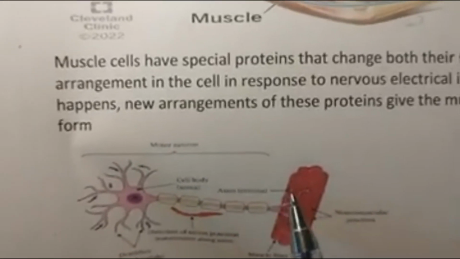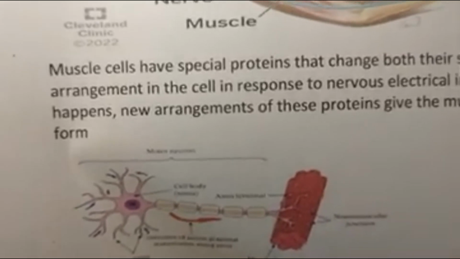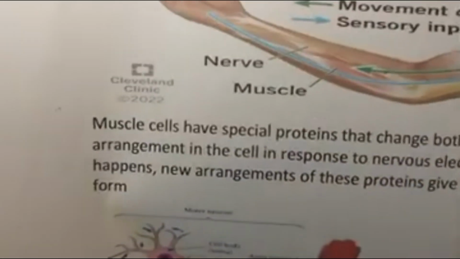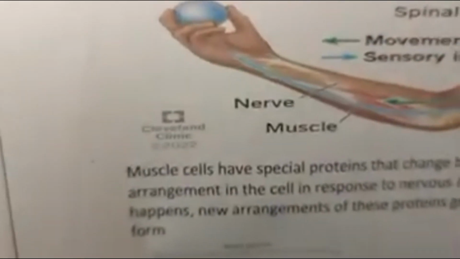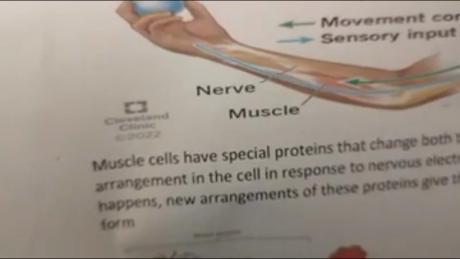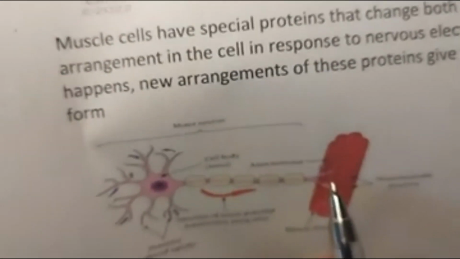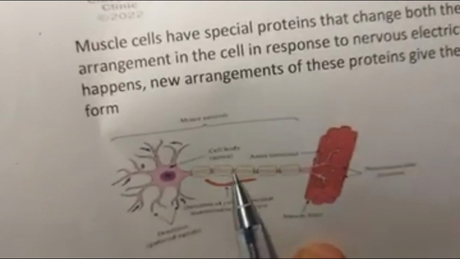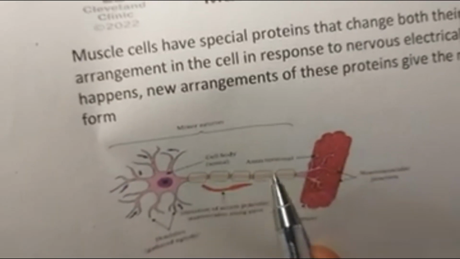So there is a junction between these nerve tips and the effector organ. Muscle cells have special proteins that change the shape and the arrangement inside the cell in response to the nervous electrical impulse that comes along the nerve fiber.